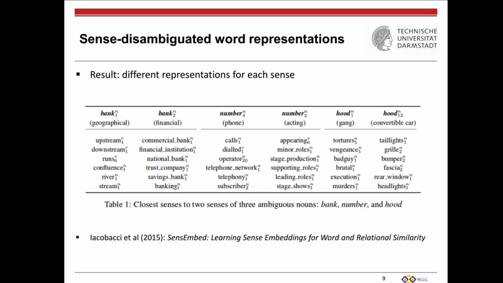The problem is, now if we get in a new word like bank, and we feed that into some system, which then makes a prediction based on the word and the representations of this word, then of course we need to know, is it a river bank or is it a finance institution? So we would have to train another system that is doing this word sense disambiguation. So this task is called word sense disambiguation.